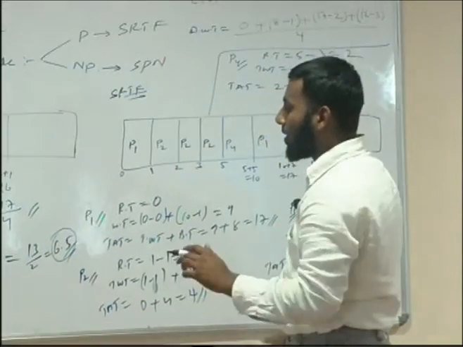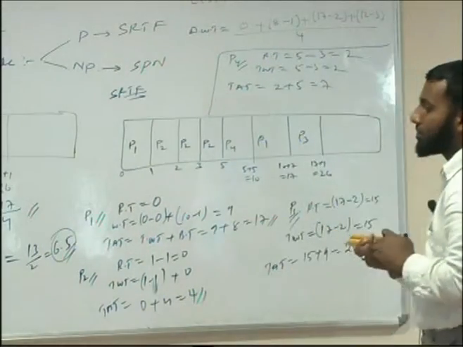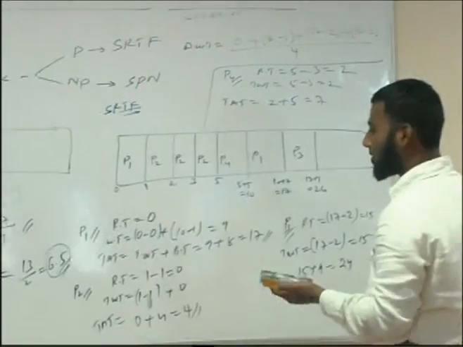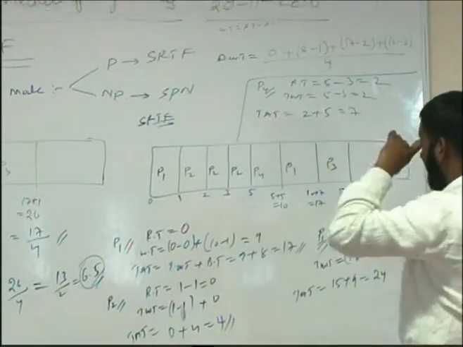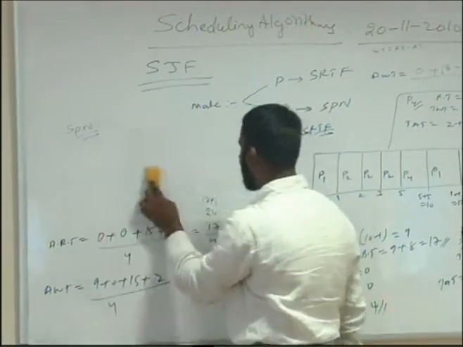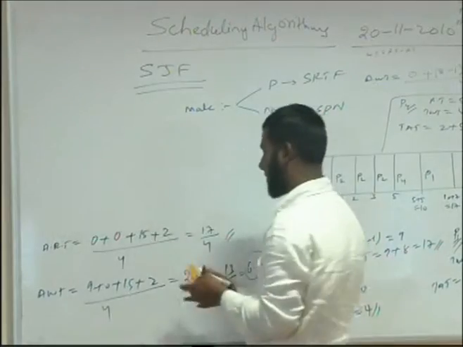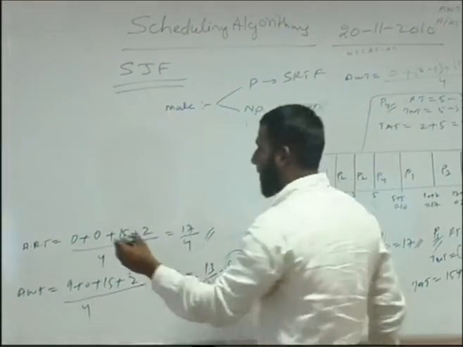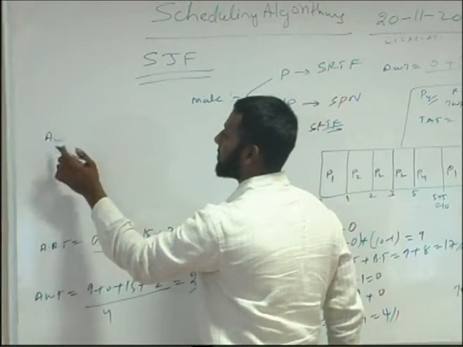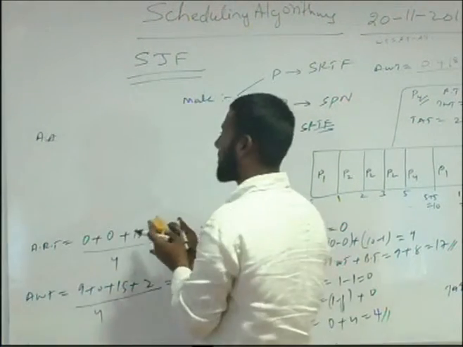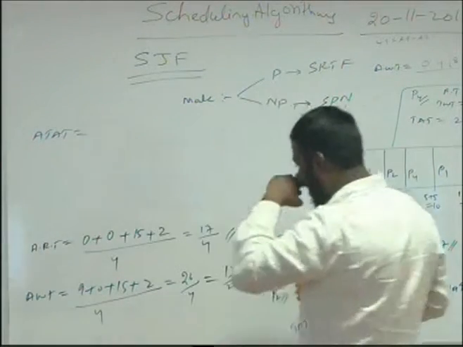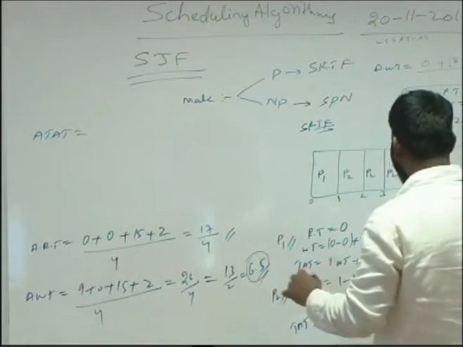Okay. And let us find out the average turnaround time for this. For process P1, it is 17.